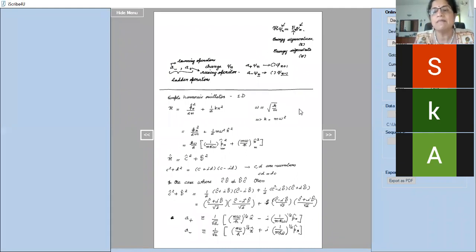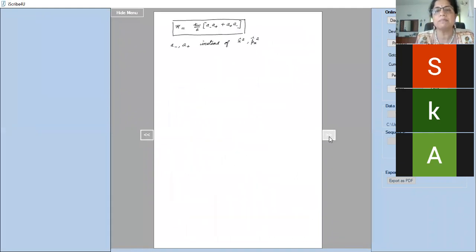So I will now move on to the next page. I've written a whole bunch of stuff, but it doesn't matter. The first thing we will do is try and understand these operators.